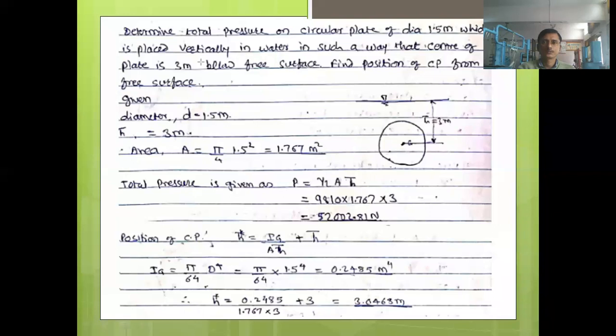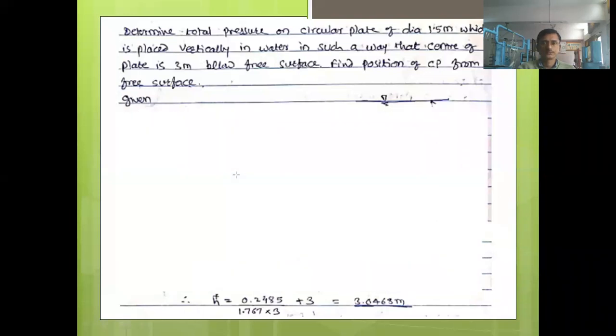Determine the total pressure on a circular plate of diameter 1.5 meter, which is placed vertically in water in such a way that the center of the plate is 3 meter below the free liquid surface. Find the position of CP from the free surface.